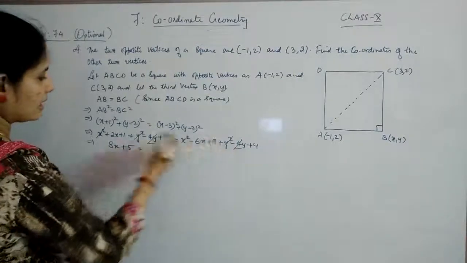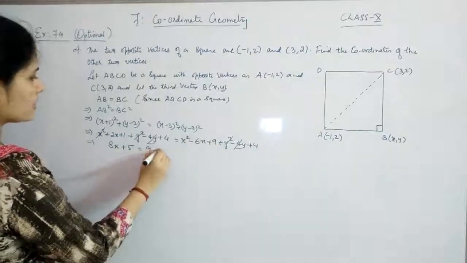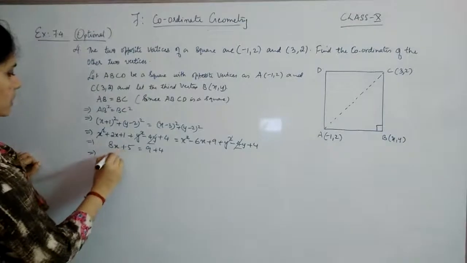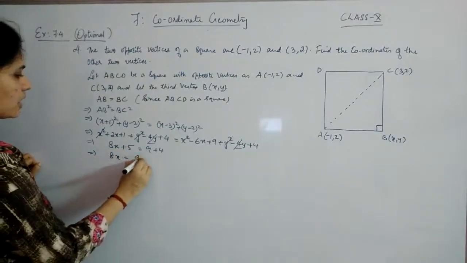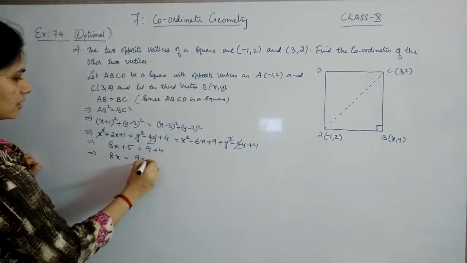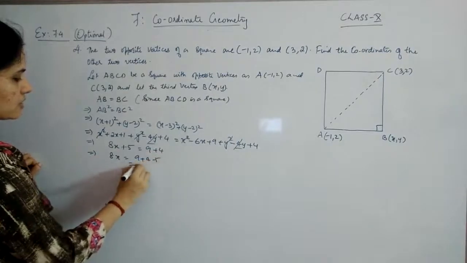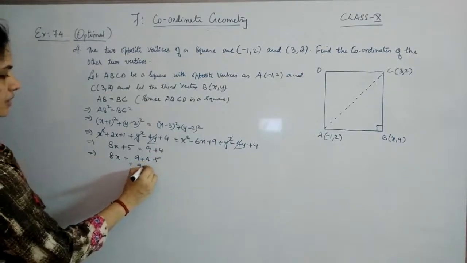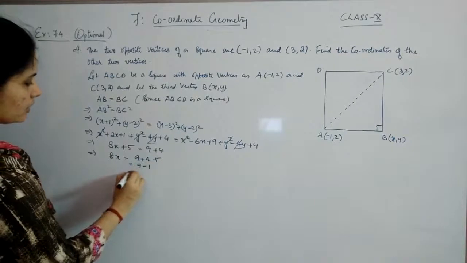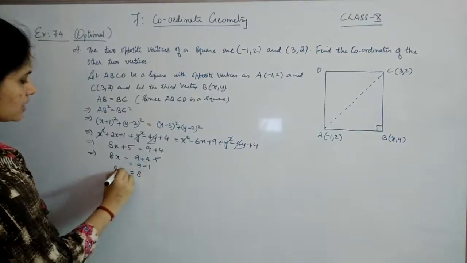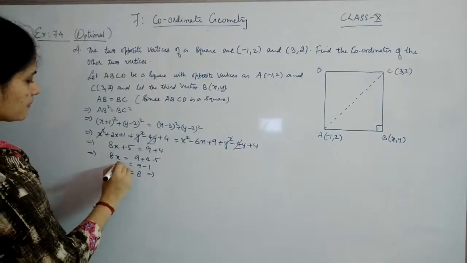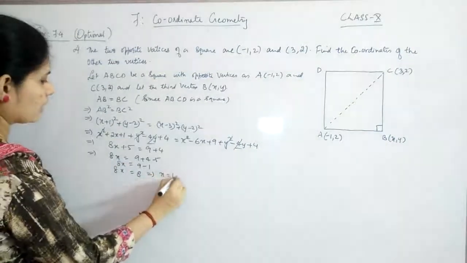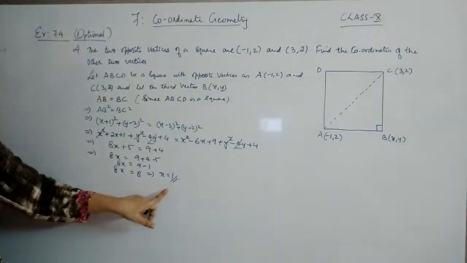So 8x is equal to 9 plus 4 minus 5, which is giving you 9 minus 1, which is equal to 8. So you are getting 8x equal to 8, which means x is 1. You got the value of x.